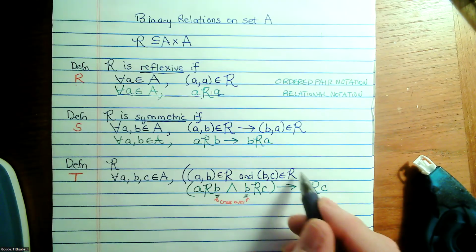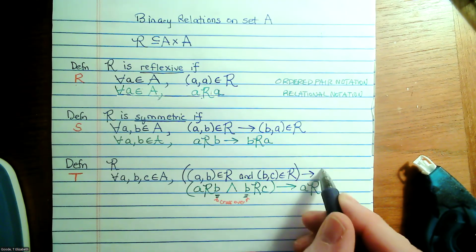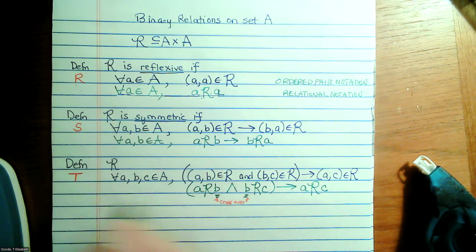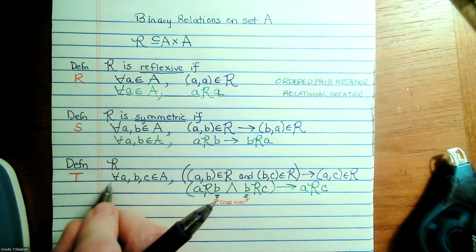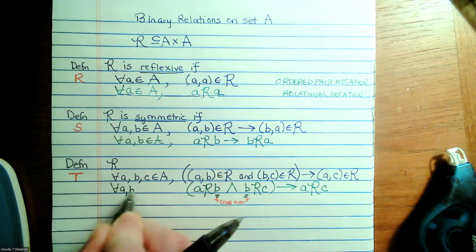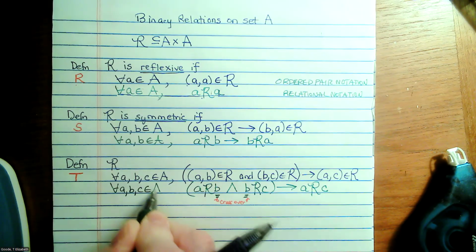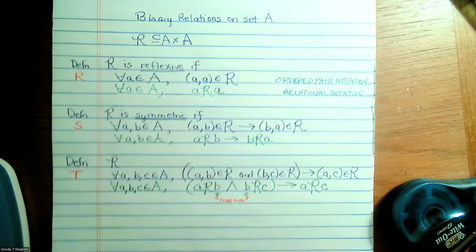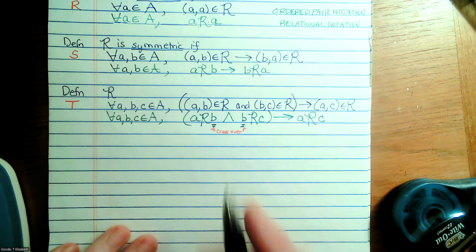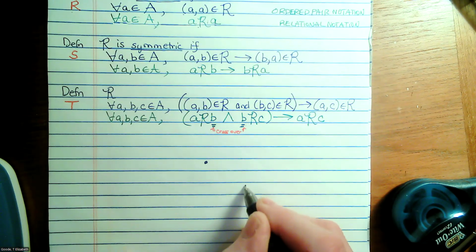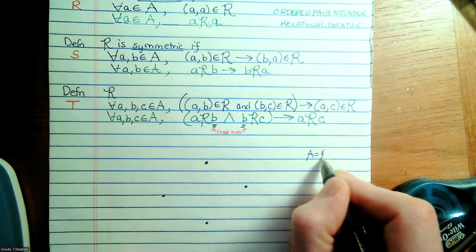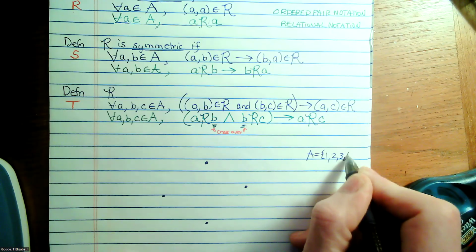Okay, I get it. I forgot what transitivity meant. If A is related to B and B is related to C, then A must be related to C. Let's say A has four elements, 1, 2, 3, and 4.